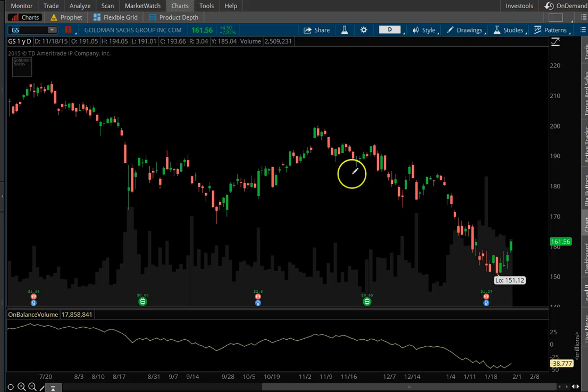Let's look at Goldman Sachs. Goldman Sachs is also in a downtrend. Okay, we have reversed and we have moved up 10 points in just 4 trading days. We've had 4 positive trading days, so possibly we might be looking at a reversal here. If we're looking at a reversal, we need to draw our support and resistance lines.